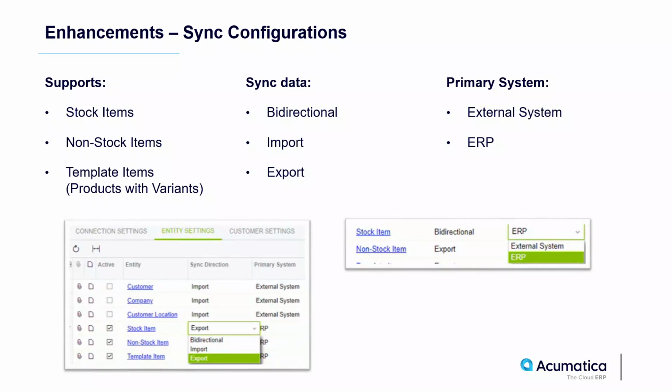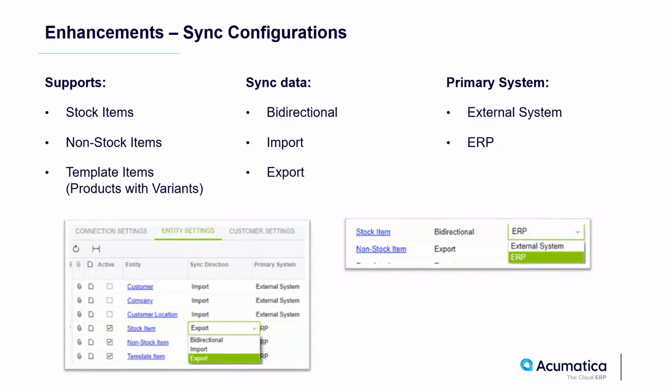Now, when you're doing a bi-directional sync, of course, you need to tell the system which of these two systems is primary, right? Imagine a situation where your marketing team changes a product title inside of, let's say, Shopify, and then at the same time, your inventory manager inside of Acumatica just changed the item title.